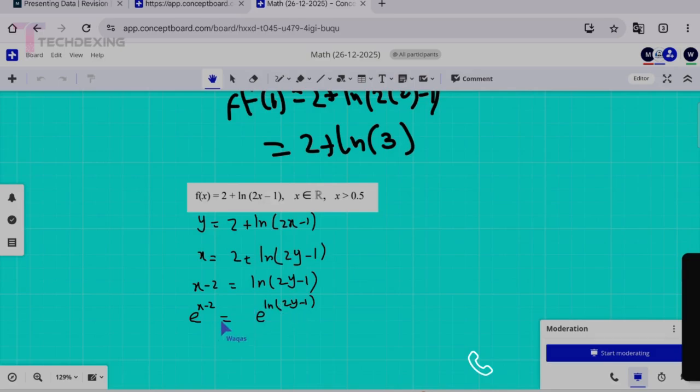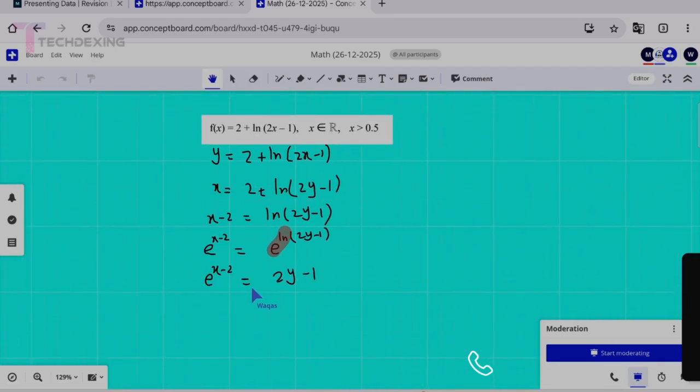Okay, so after this step, ln and e cancel each other out, like square and square root. So it becomes e to the power of x minus 2 equals 2y minus 1. Okay, is that step understandable? Yeah, definitely.